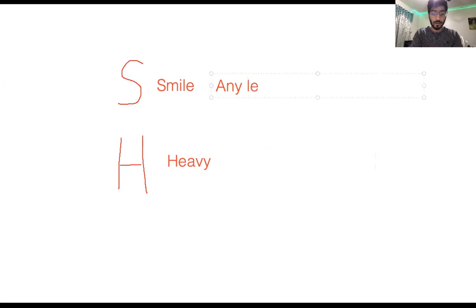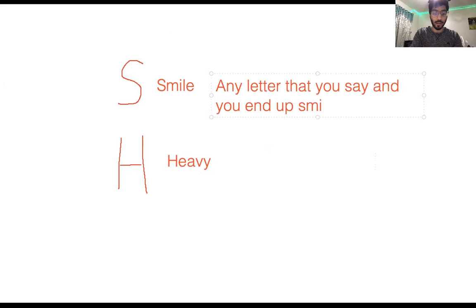Any letter that you say and you end up smiling on, that is a smiling letter. When you're saying the letter ba, you can see a little bit of a smile. Ba. So ba is a smiling letter.